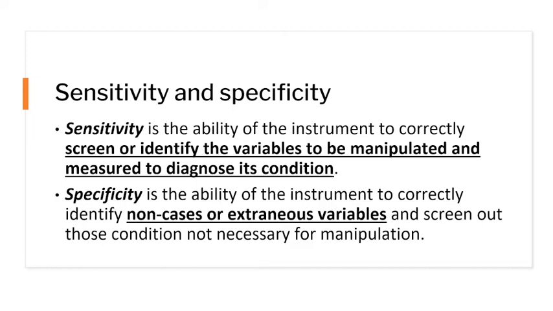For example, if I'm talking about a dengue test, a typhoid test, or a COVID-19 test, sensitivity and specificity are very important. Now, sensitivity is the ability of the instrument to correctly screen or identify the variables to be manipulated and measured to diagnose its condition. In medical parlance, we refer to that as rule in. To rule in.